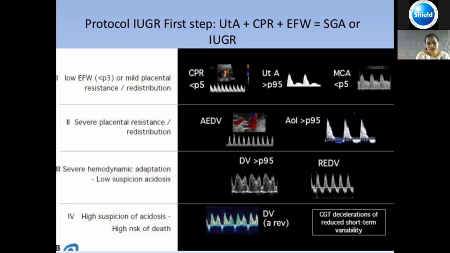Usually the ductus venosus is absent or can be reversed, and the same holds for the umbilical artery. In severe forms with acidosis, you can see significant changes in the ductus venosus. Reversal can also occur. High suspicion of acidosis or high risk of death is very clearly predicted by the ductus venosus.